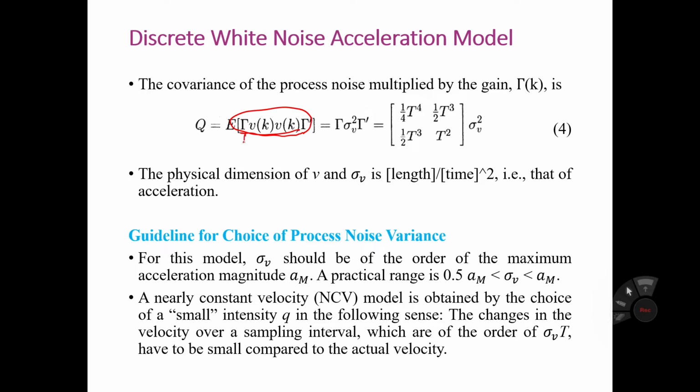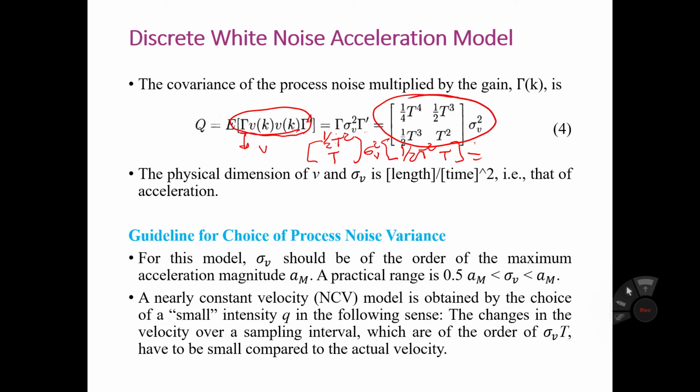If we put the value of the gamma here, 1/2 T square and T, and the standard deviation squared, and then take the transpose, like 1/2 T square and T, multiplying these will give you this equation.